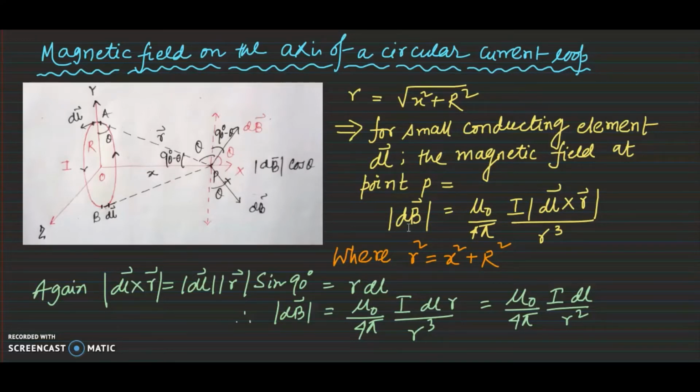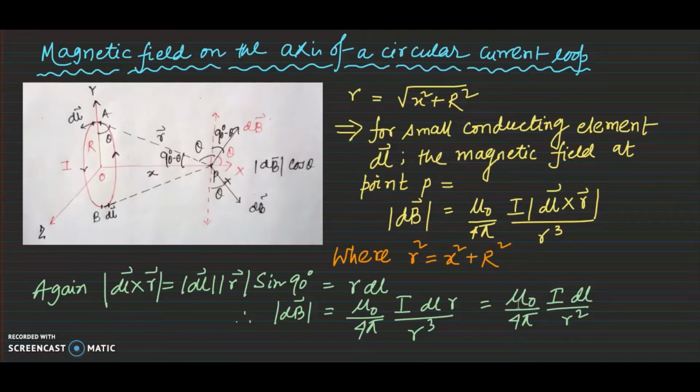We use the Biot-Savart's law. The magnitude of the magnetic field, mod of dB, is equal to mu 0 by 4 pi, where mu 0 is the permeability of free space, times I times magnitude of dl cross r vector divided by r cube, where r square is equal to x square plus R square.